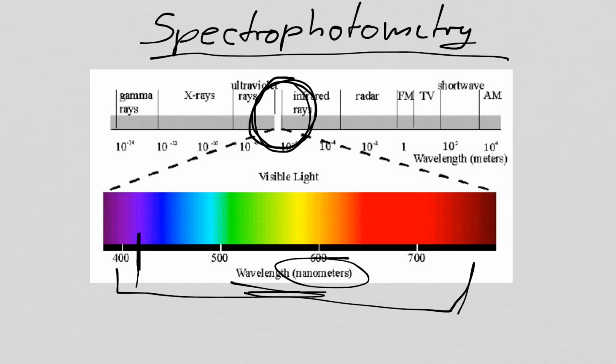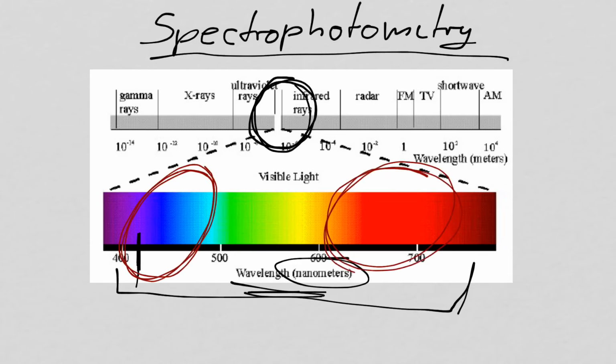Around 700 to 400. Well, everything is absorbed, around 700 and then around 400. So we absorb basically in this range in the chloroplasts, and in this range in the chloroplasts.